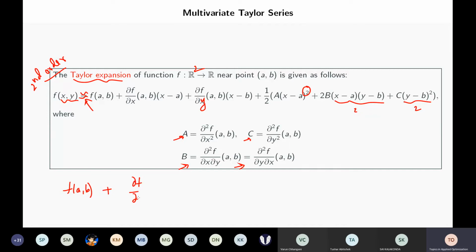I write this as a vector: del f by del x, del f by del y, and then the vector x minus a, y minus b. I'm vectorizing it, and this is something I did last time.